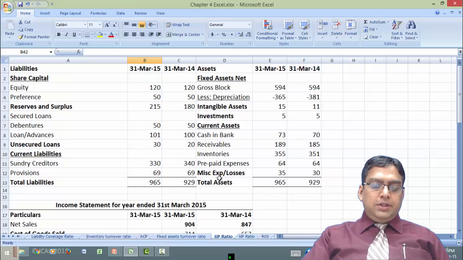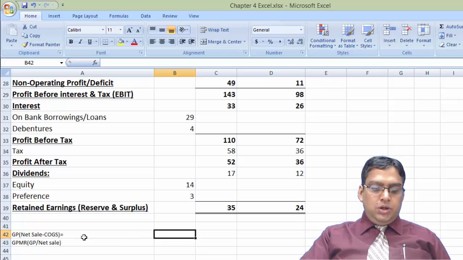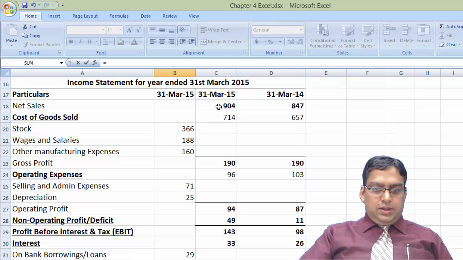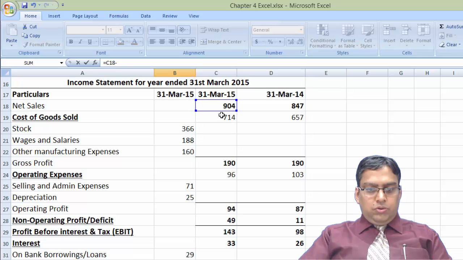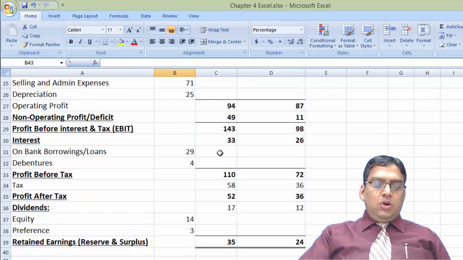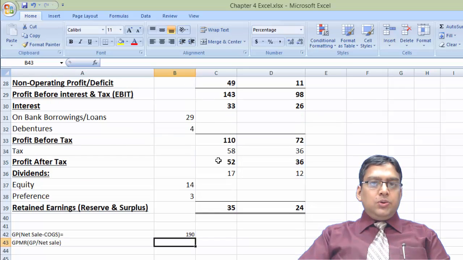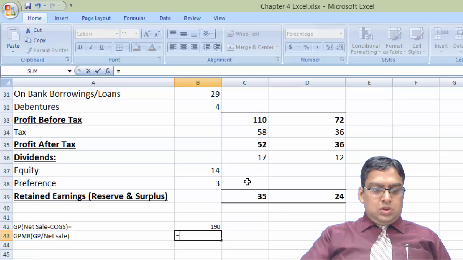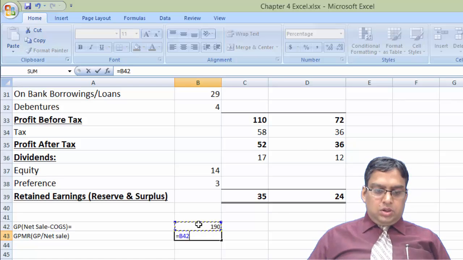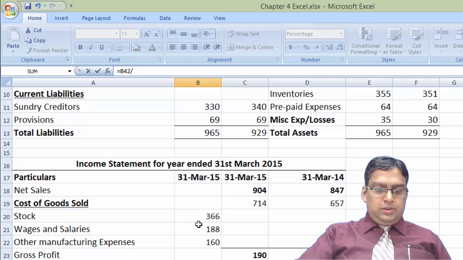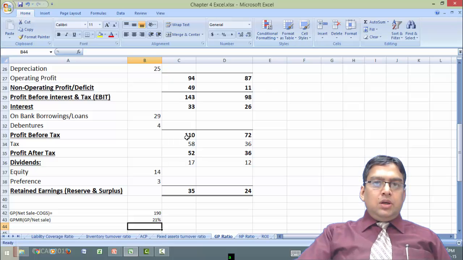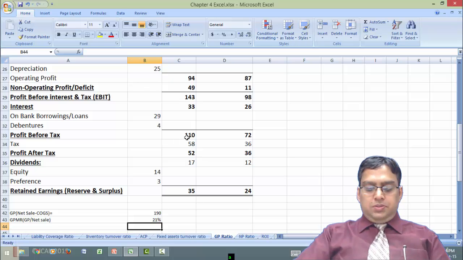Move to Excel sheet, that is the balance sheet, and GP equals net sales minus cost of goods sold, that is 190, and margin ratio equals GP divided by net sales, that means C18, and your output is 21%. Gross profit margin ratio equals 21%.